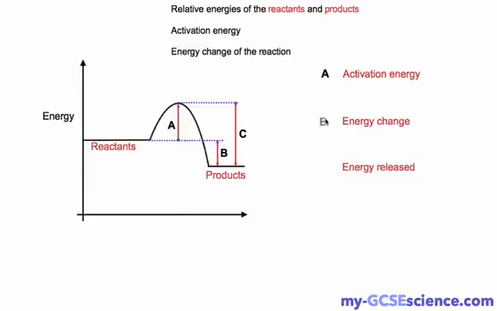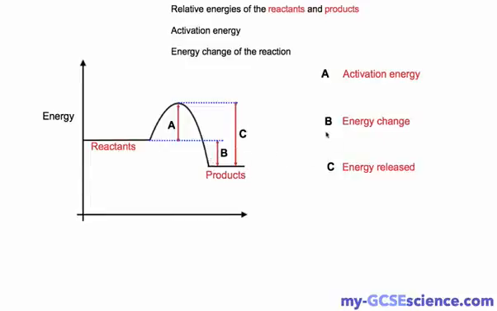B here is the energy change, so that's the difference between the energy used to break the bonds and the energy produced in making new bonds. And the total energy release from this reaction is part C. So if you want to know the total energy release for this reaction, you could look at part C on the diagram.